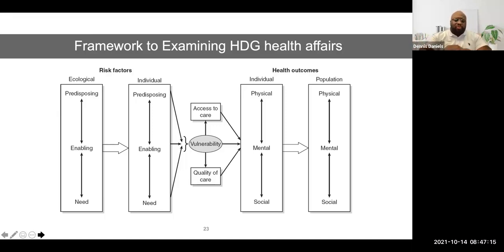The vulnerability framework, introduced in 2010 by Shai and Stevens, introduces this concept of vulnerability, which is the likelihood of experiencing, in this context, poor health and illness due to the manifestation of physical, mental, and social dimensions of wellness.